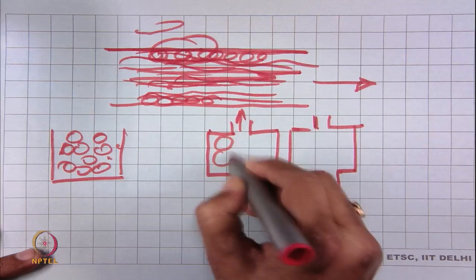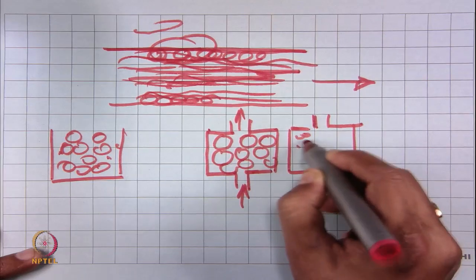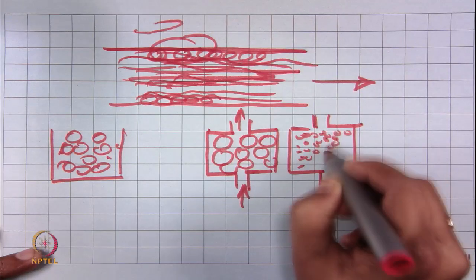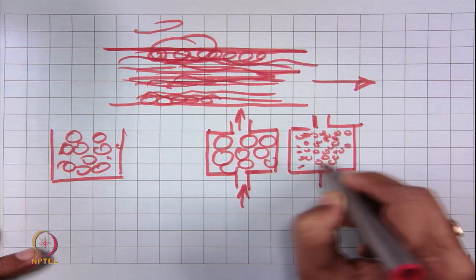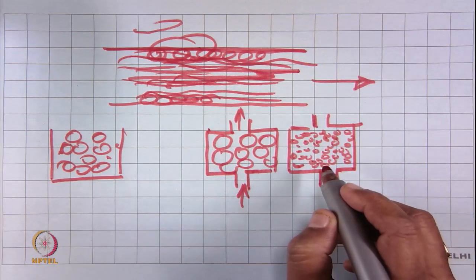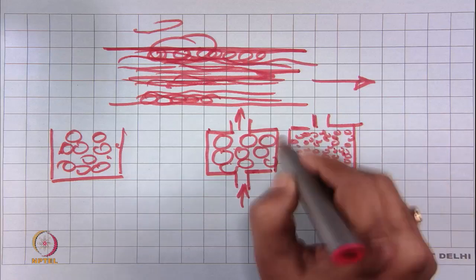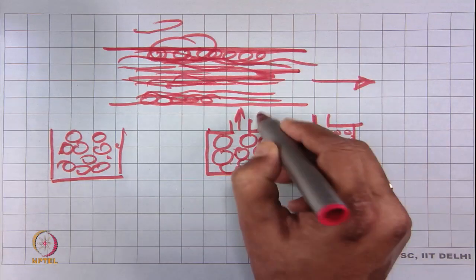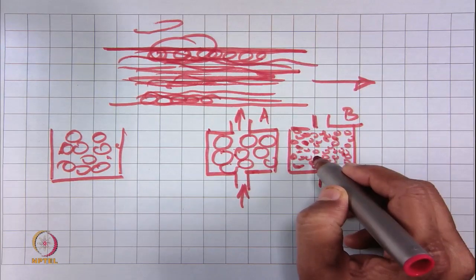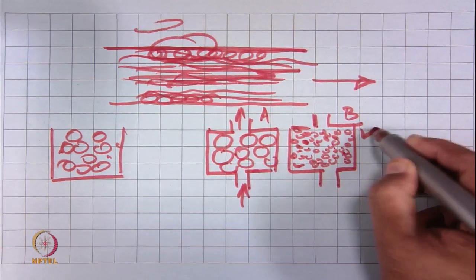Here we have a large number of large diameter fibers, and here we have smaller diameter fibers. Smaller diameter fiber, as we know, will have higher surface area for the same mass. So, the mass of fiber in these two boxes is the same. This is A, this one is B, but the specific surface area, that means total surface area per unit mass, is higher in case of B.